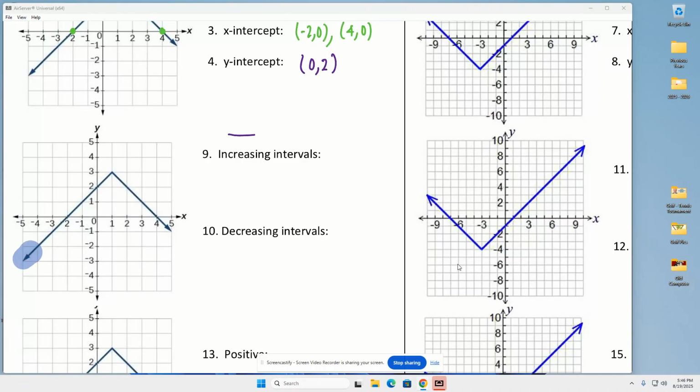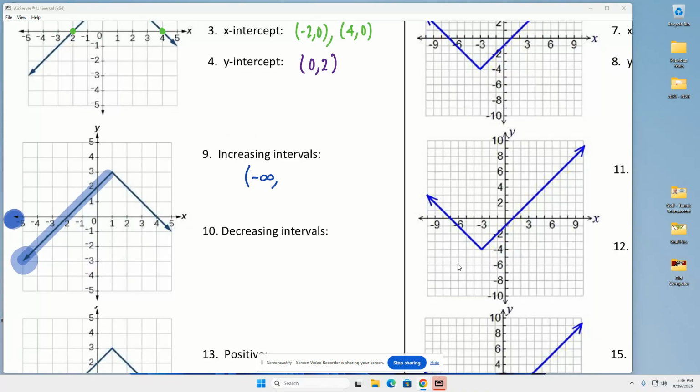Well, it's clearly going up. Now, how long has it been going up? Well, that's an arrow. It's been going up from as far to the left as possible. How do I call as far to the left as possible? I call it negative infinity.